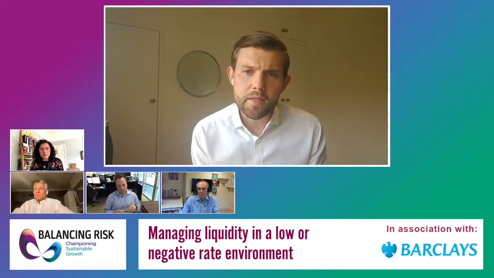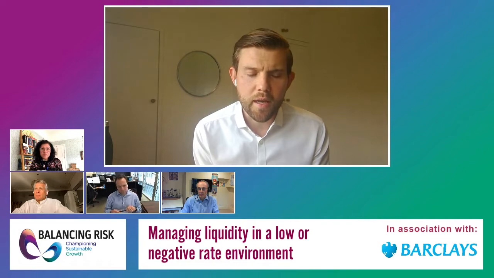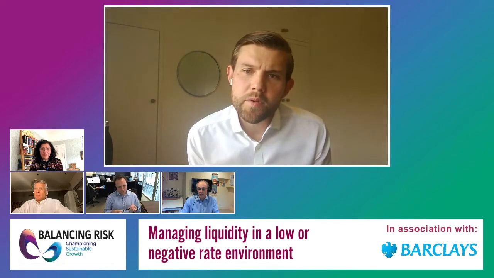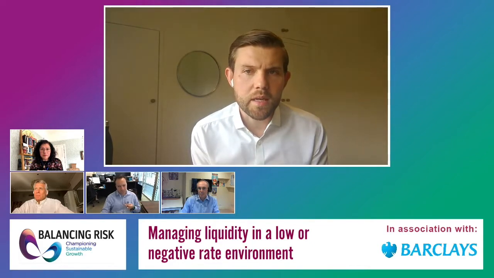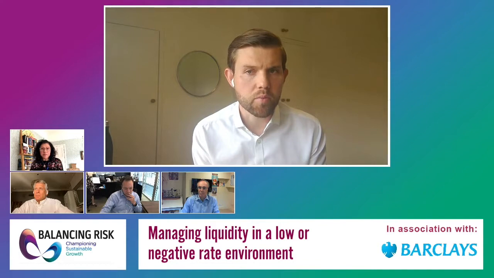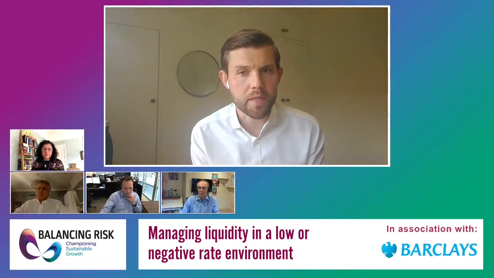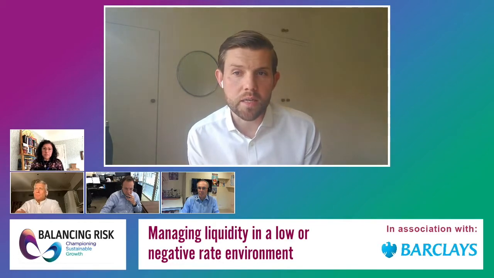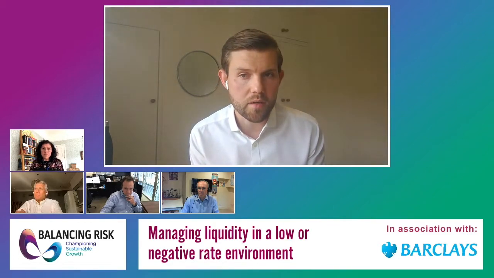This is quite a broad question, so I'm happy for any one of the panelists to jump in. Low and particularly negative interest rates put banks' balance sheets under major pressure. Low and particularly negative interest rates also mask any signals relating to counterparty risk.